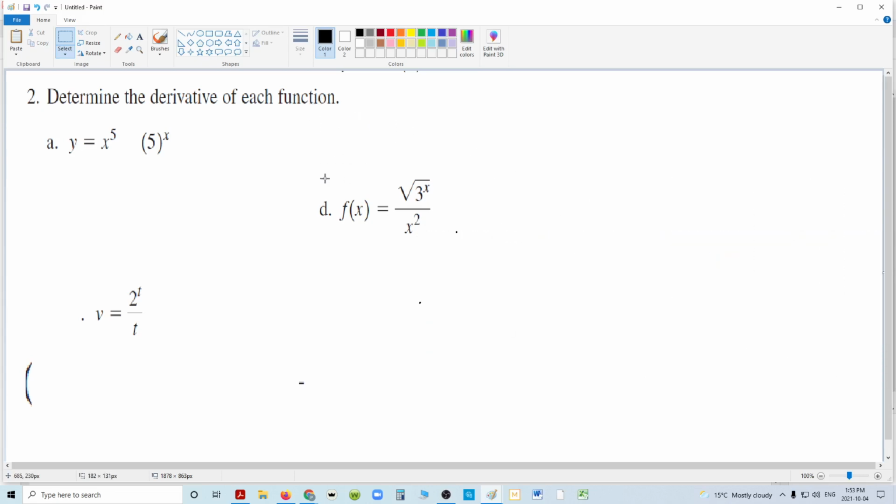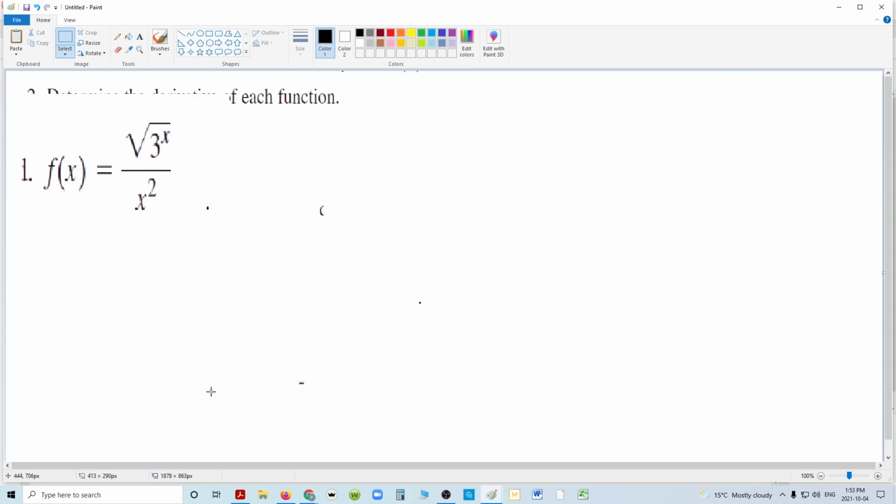This one too, I'm going to do, but I'm going to do this one on the quotient rule. Quotient rule says I take this, and I square it, so it's going to be to the 4 now. And I put this function times the derivative of this function. Well, what's the derivative of this function?